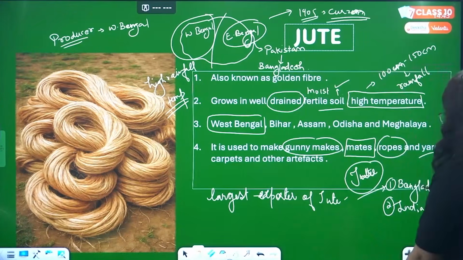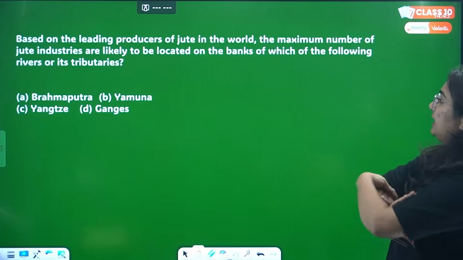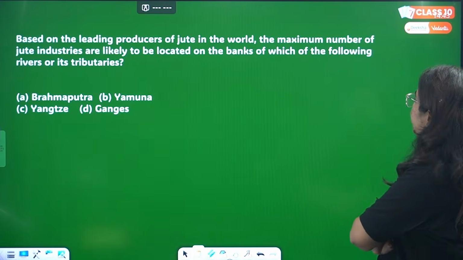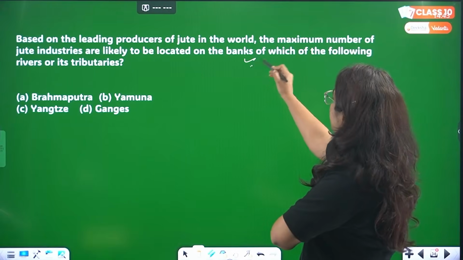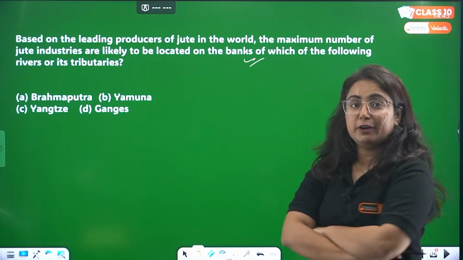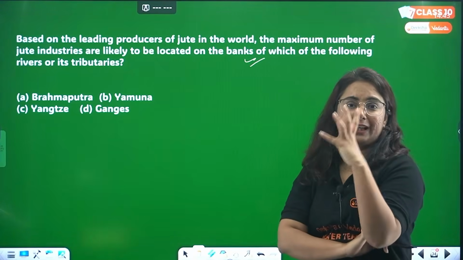Done. Chalo, next. Based on the leading producers of jute in the world, the maximum number of jute industries are likely to be located on the bank of which of the following rivers or its tributaries? Very good question.